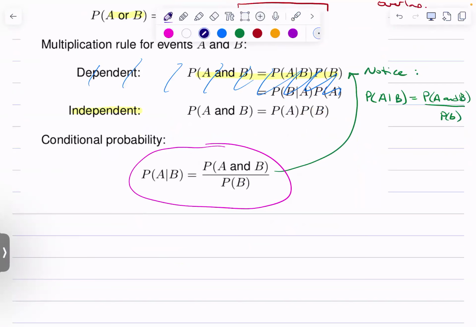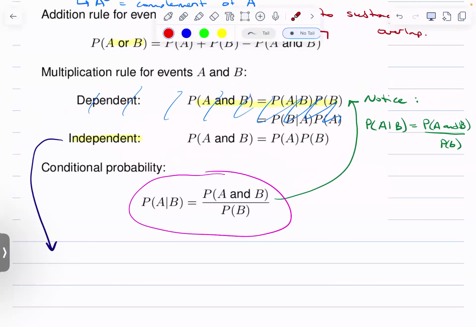One thing I wanted to add to last day was, by definition, if A and B are independent, then what do we know? We know that the probability of A given B, well, knowing B doesn't affect the probability of A, and vice versa. So then we get the probability of A times the probability of B if they're independent.